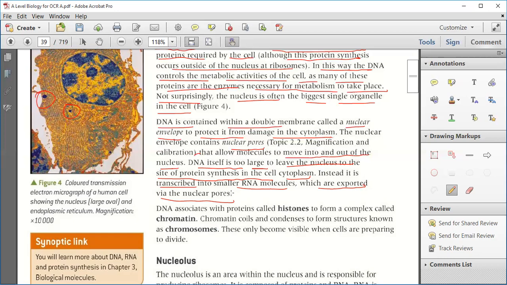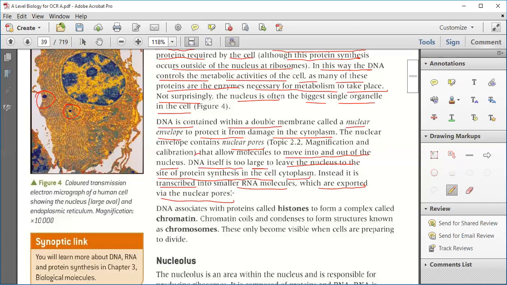Now, DNA itself is too large to leave the nucleus for the site of protein synthesis in the cytoplasm. The nuclear envelope is selectively permeable, and transportation is there. So DNA itself is very big, and DNA itself remains there.